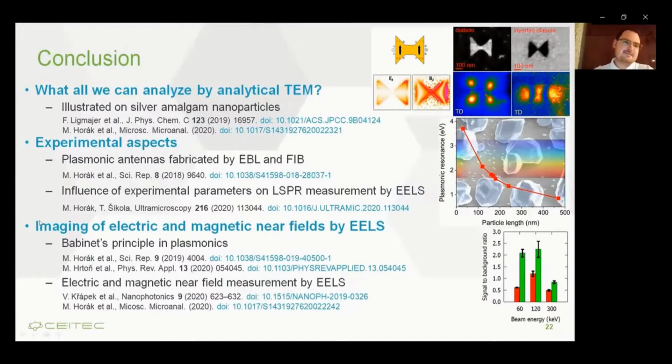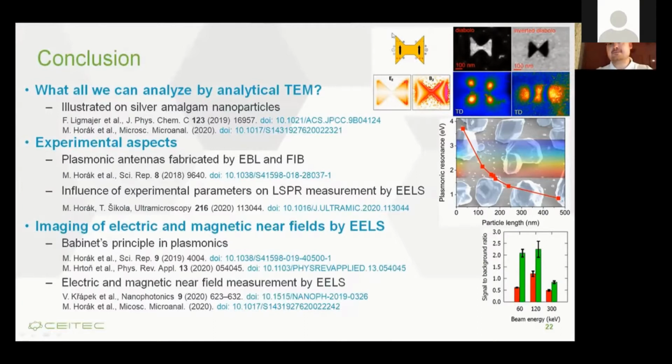And then I was talking about imaging of electric and magnetic near fields by EELS. For this, we need to use a trick with Babinet's principle in plasmonics, which allows us to swap between electric and magnetic field when we go from particle antenna to aperture antenna. And by this trick, we can image the magnetic field by EELS, which is sensitive exclusively to the electric field.